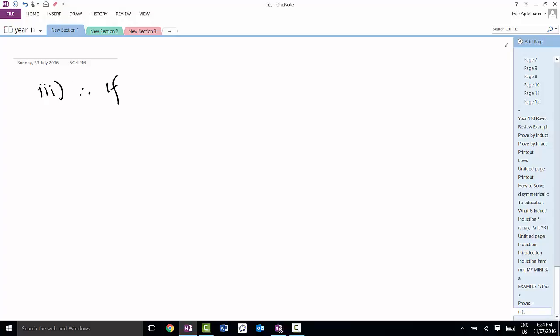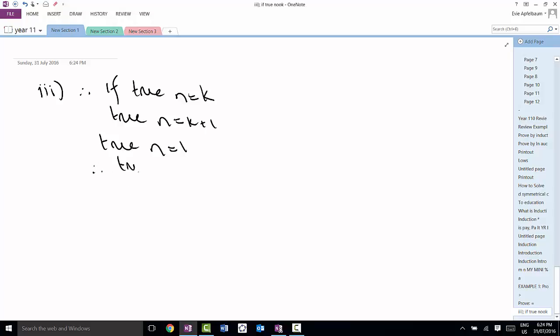Therefore, if true n equals k, true n equals k plus 1, true n equals 1, therefore true n equals 2, 3, ... all positive integer n.